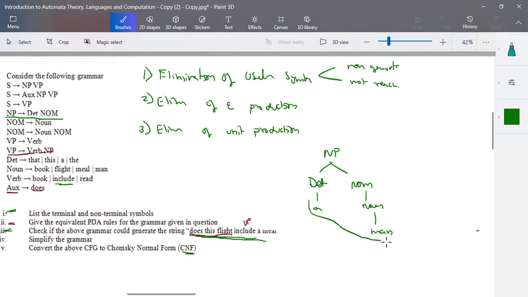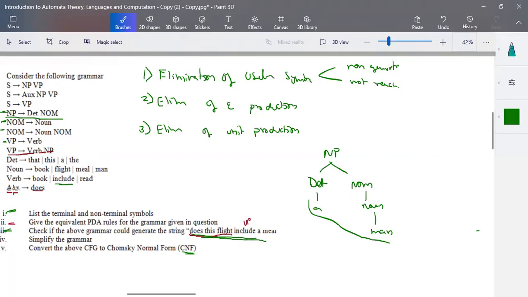So whenever you have NP in the parse tree, we should have a way in which we are able to stop the parse tree. Okay, so this NP is generating, and norm tends to noun tends to a terminal symbol, so this is also generating. And VP tends to verb, and verb tends to either book or include or read, so that is also generating.